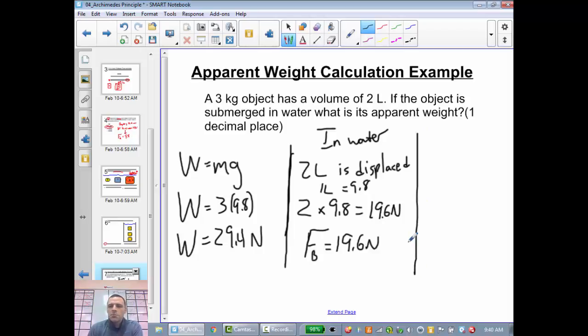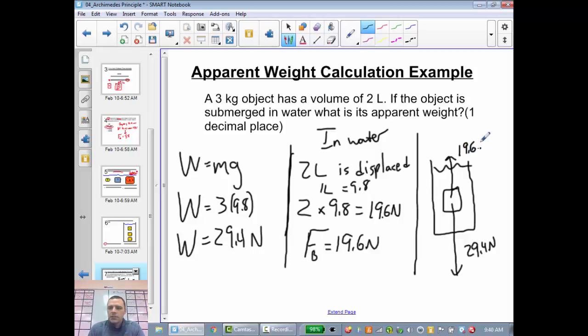Finally, what's the apparent weight? Well, if I do a little diagram here, here's our object, there's some water. We know that the weight is 29.4 newtons. The weight vector going down is 29.4. We know that the buoyant force is an upward force. We know that from previous lessons, and it's 19.6 newtons.